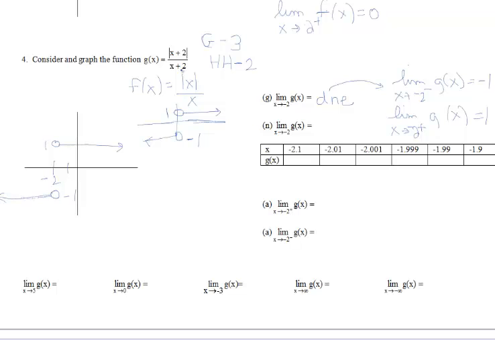Our denominator will still be negative, so this will result in being -1. So you can confirm -2.1 is about here, so that must mean that our y value is -1. So anything that's to the left of -2 will result in a -1. And notice these input values right here are going to be to the right of -2. So when you do plug those in, you're going to get positive divided by positive, which is +1.